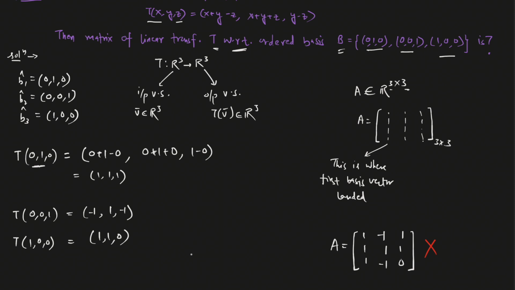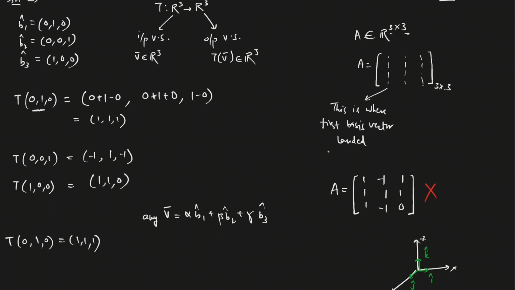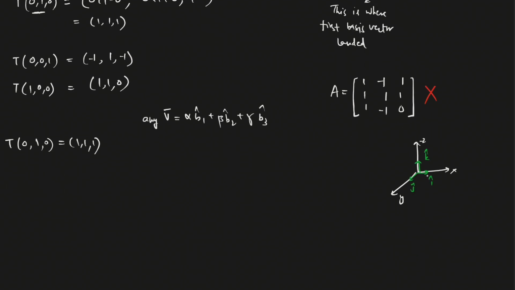So I can say that any vector v is nothing but some alpha times b1 hat plus some beta times b2 hat plus some gamma times b3 hat. This is true, right? That's why b1 hat, b2 hat, b3 hat are basis vectors. Similarly, if we take i hat, j hat, k hat, any vector v is nothing but alpha times i hat plus beta times j hat plus gamma times k hat, right?